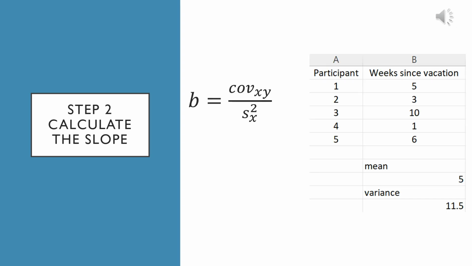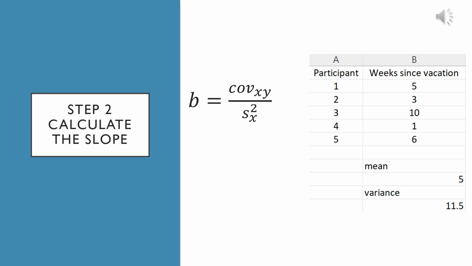And you could just use Excel again instead of having to do all the stuff by hand. You type in equals VAR.S because it's a sample. If it was a population, you would use VAR.P.